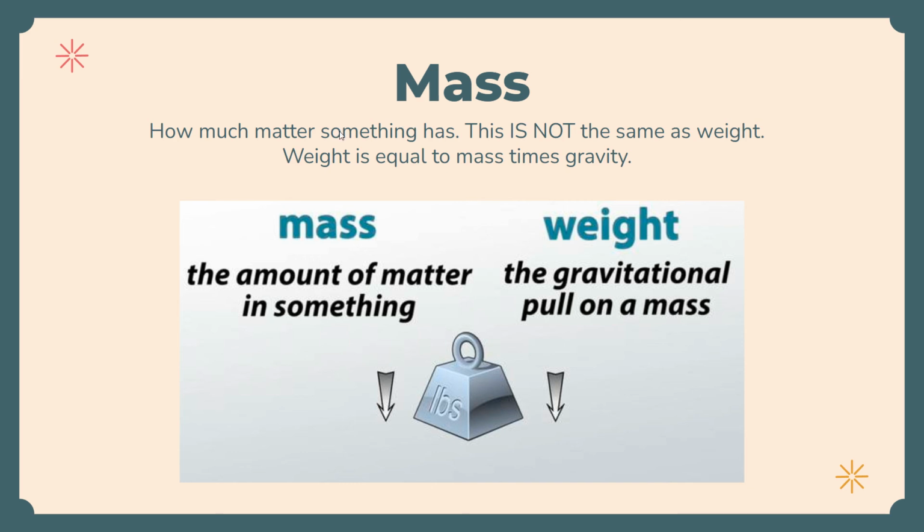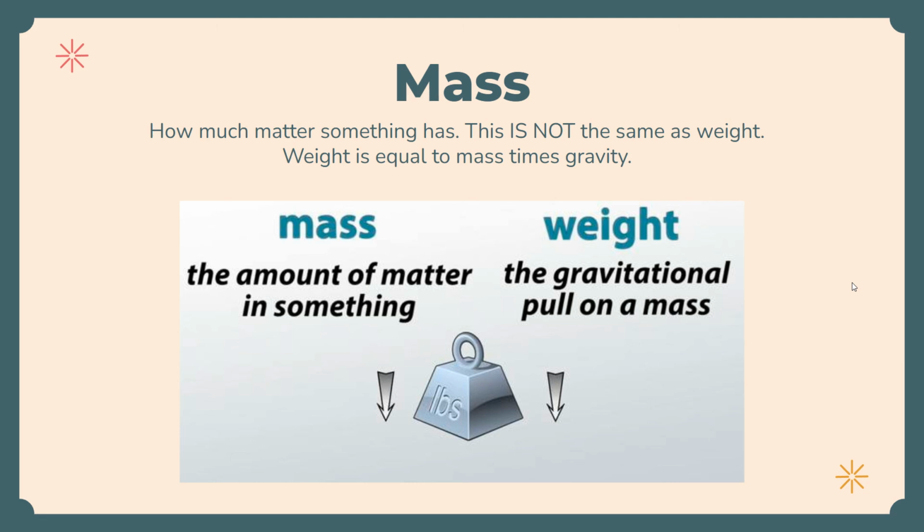Now your mass. This is how much matter something has. This is not the same as weight. Weight is equal to your mass times gravity, because weight is a force and mass is just a quantity, a property. So mass is the amount of matter in something, and then weight is the gravitational pull on a mass.